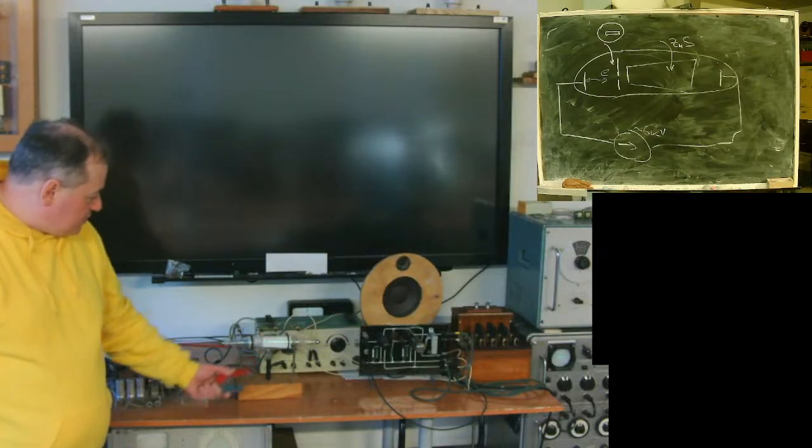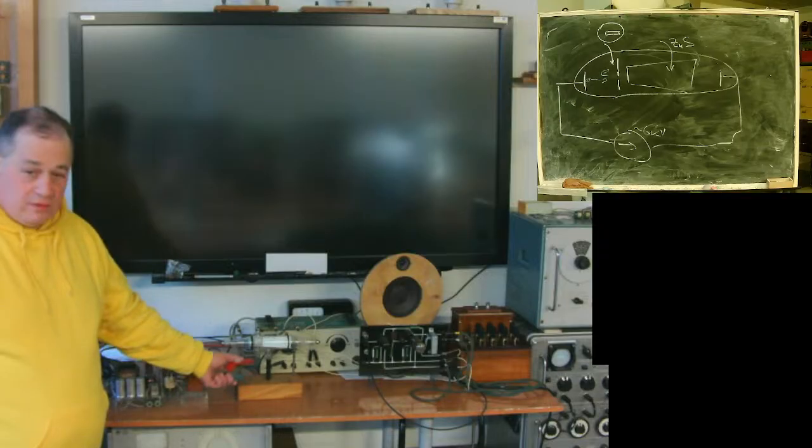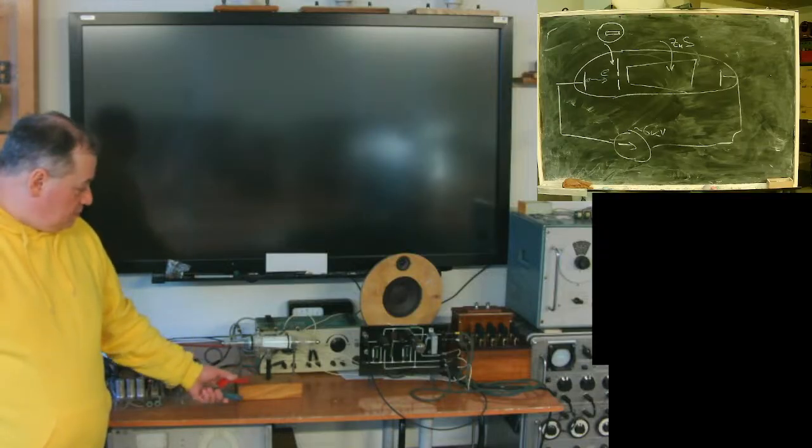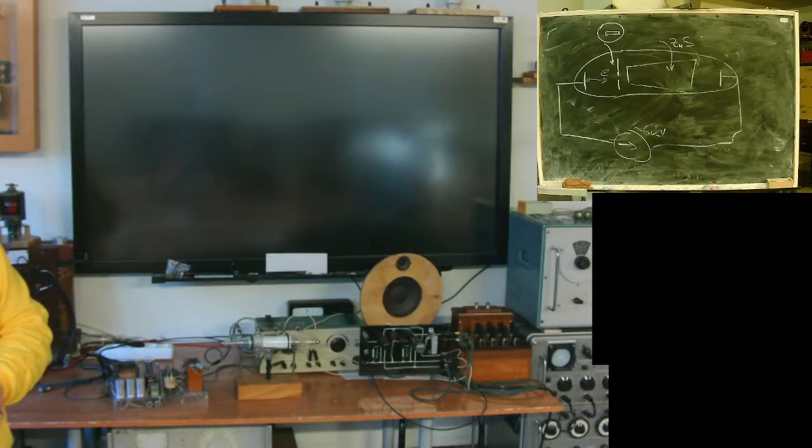Let me bring a magnet closer. What happens? Why does the beam go down? The magnetic field is interfering with the electrons. Electron flow is a current.